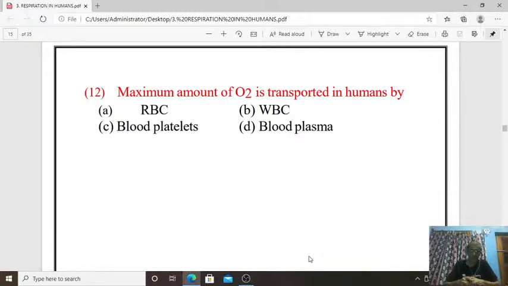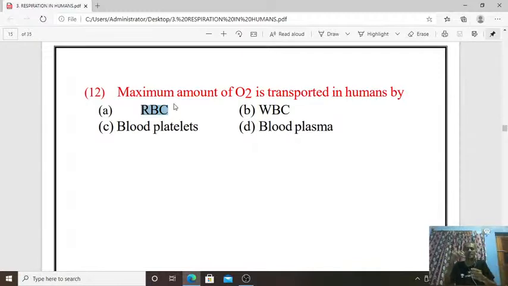Next, the 12th one. Maximum amount of oxygen is transported in humans by which method, or through which cell: RBC, WBC, blood platelet or blood plasma? So the maximum amount of oxygen transportation is through RBC. About 97% of oxygen is transported through RBC, and 3% through blood plasma.